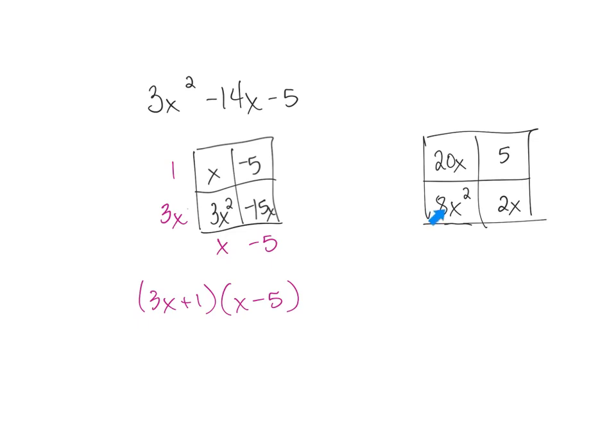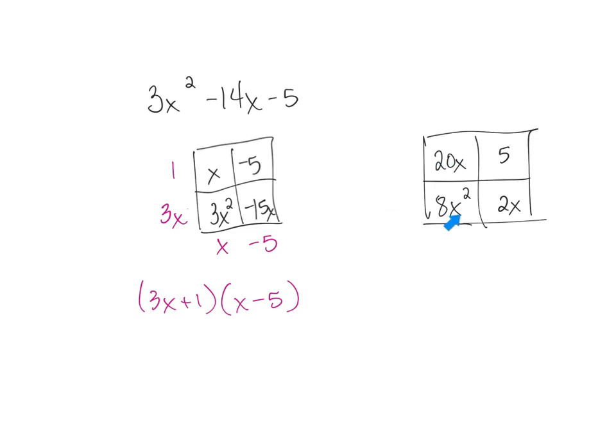On the other one, this one is interesting because it can factor more than one way, because these both are divisible by 2x. So I'm going to go ahead and take out the 2x on this side. So 8x squared divided by 2x is, whoops, 4x. 4x times 2x, no, wait, that was the problem.